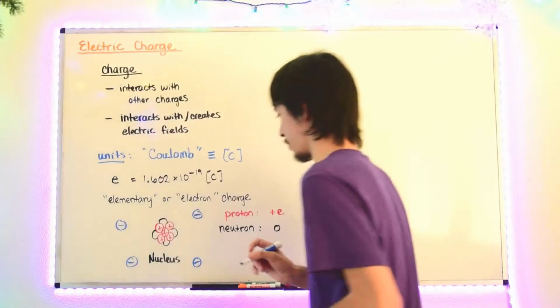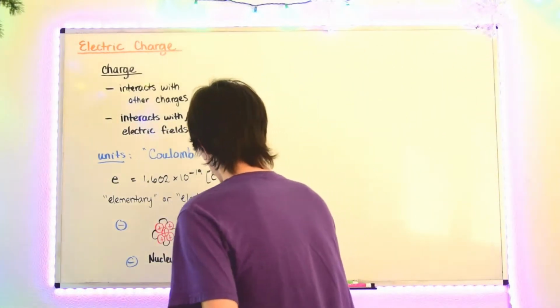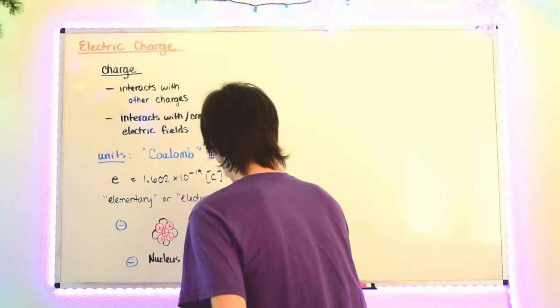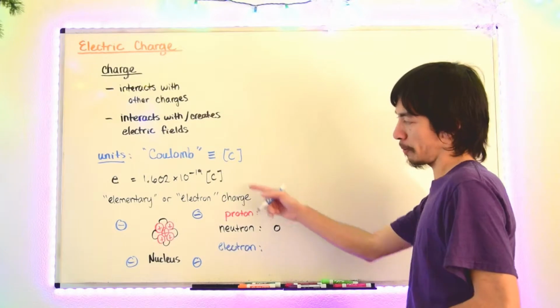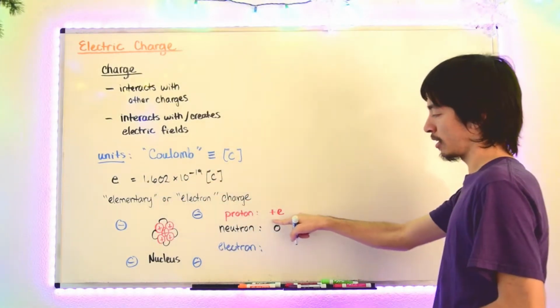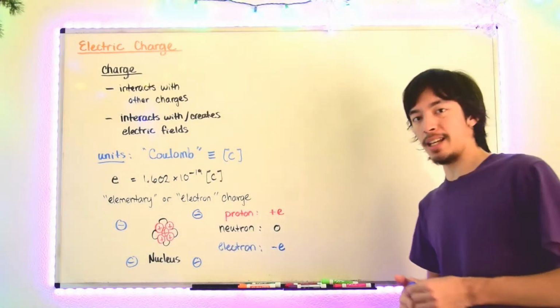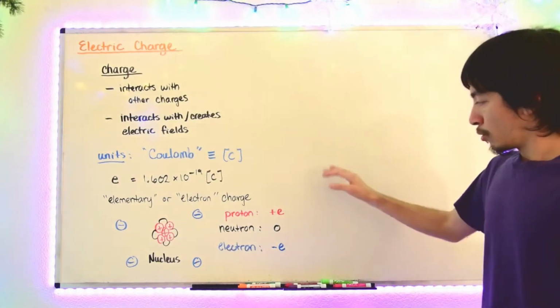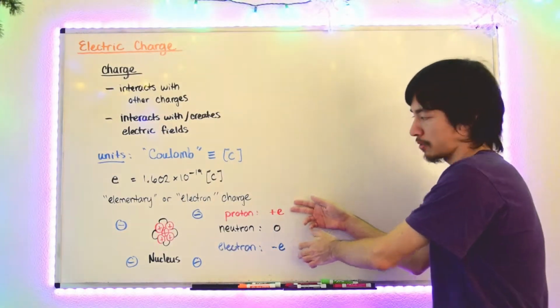And we'll represent that with a minus as opposed to a plus. That suggests that the electron has a negative charge, but it's actually the same amount of the elementary charge, just negative. So it's minus E. Okay. So this is what we use. We'll focus on the protons and the electrons.